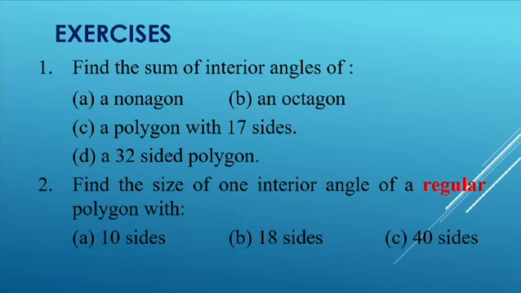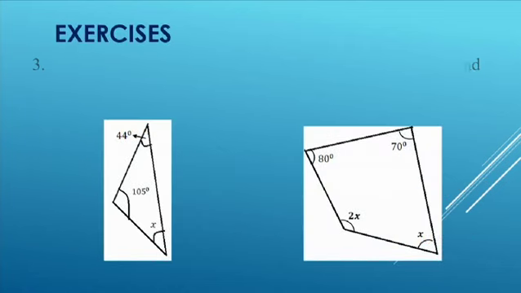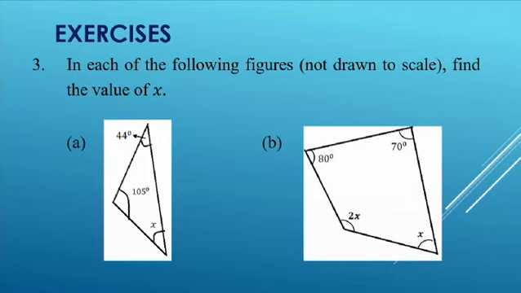Find the size of one interior angle of a regular polygon with part A, 10 sides, part B, 18 sides, part C, 40 sides. Question 3. In each of the following figures, which are not drawn to scale, find the value of x. You've got 2 of them here.